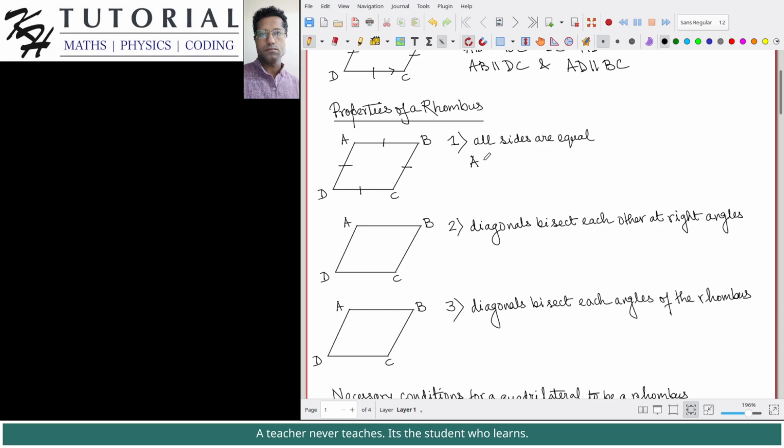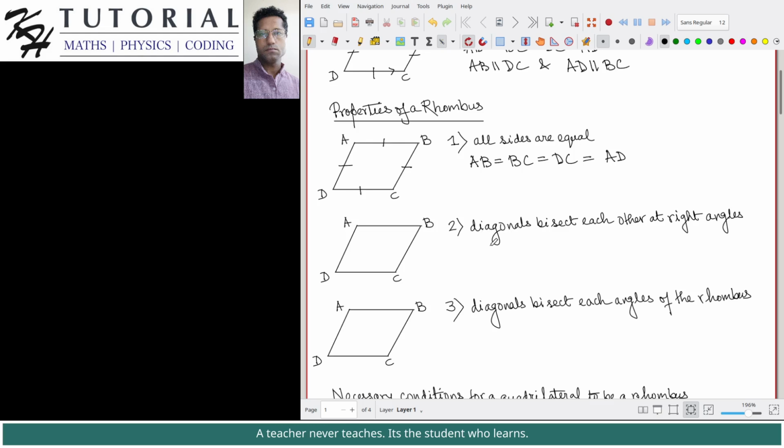In a rhombus, all the four sides are of the same length. This is the first property, which comes from the definition of a rhombus based on a parallelogram.